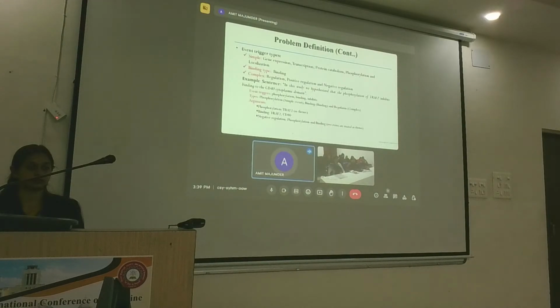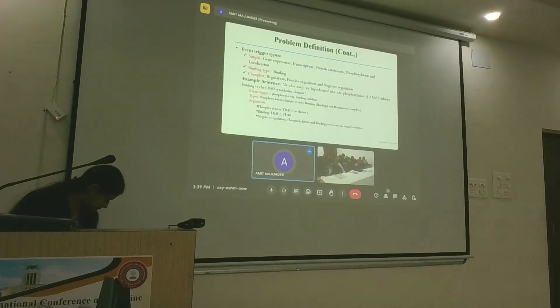Each of these may also have arguments, like TRAP2 is one argument. For the binding type, TRAP2 and CD40 are the arguments for the binding event. And for negative regulation, this is the complex type, whose arguments are actually other events. So it is very difficult to identify this complex type of events.